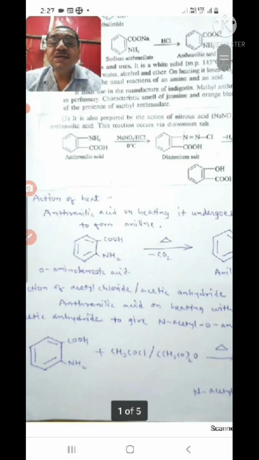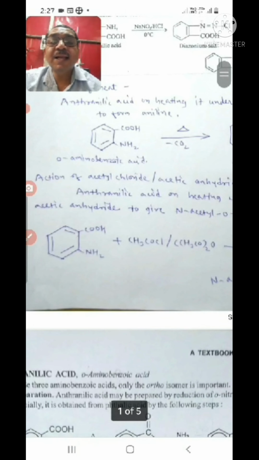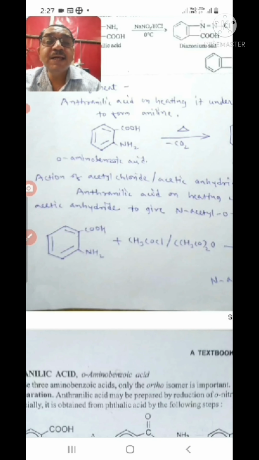Now action of heat. Another reaction is when we heat this ortho-amino benzoic acid or anthranilic acid, it undergoes a decarboxylation reaction, forming aniline. Another reaction of anthranilic acid is action of acetyl chloride or acetic anhydride.